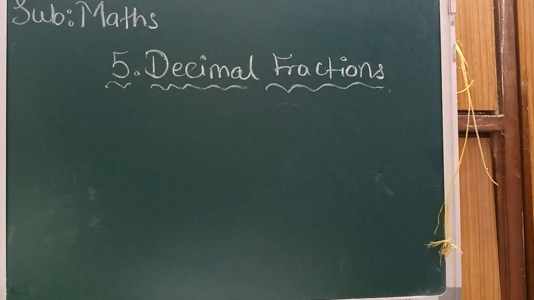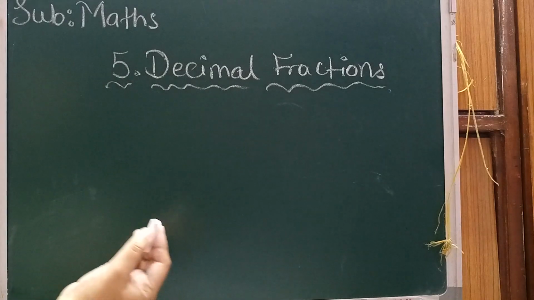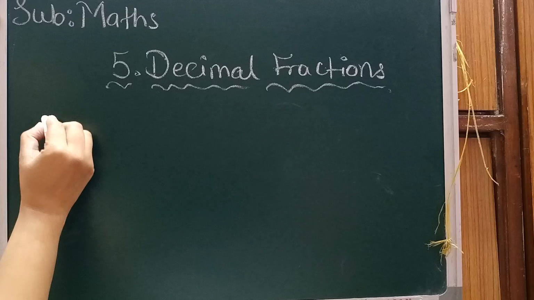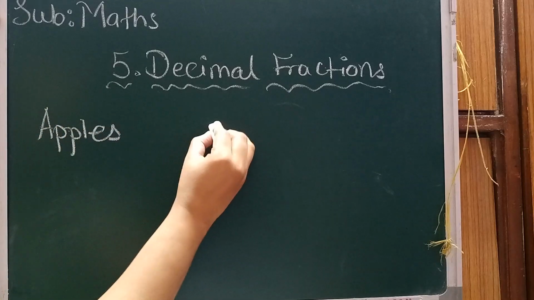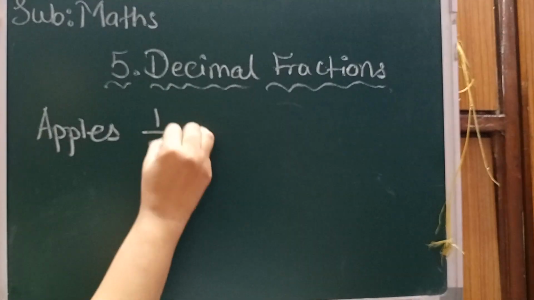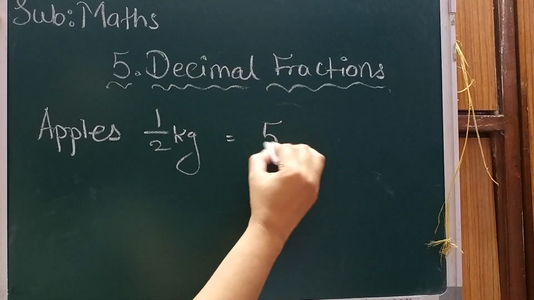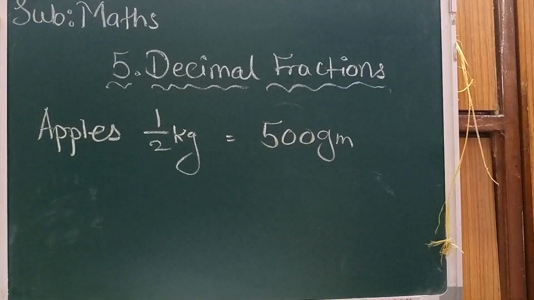Now we were discussing the conversion between kg and grams. Suppose you are visiting a market and buying fruits. If you purchase half kg of apples, that means 500 grams of apples.